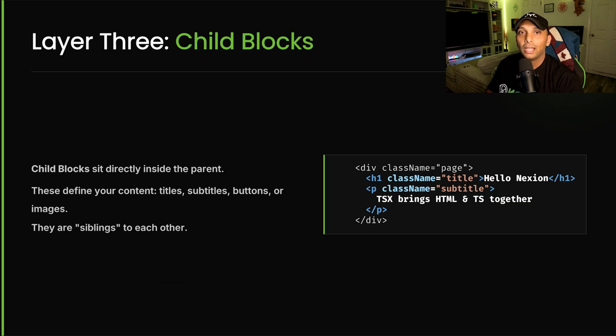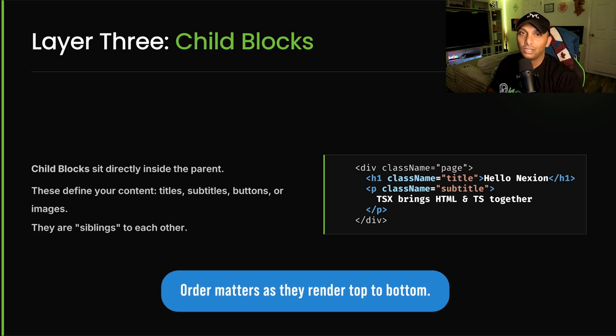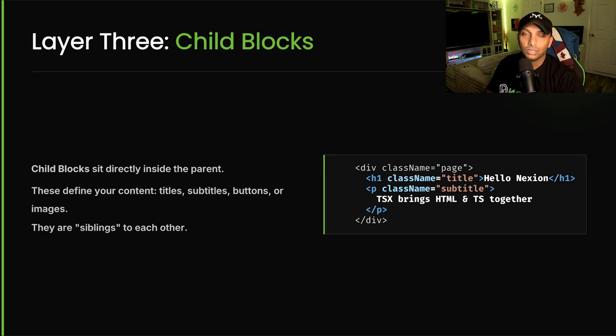But here, as I mentioned in one of my previous videos, we're now bringing in the class name of title, right? That's a class that we brought in from CSS that was called title, that has that bucket of formatting that we put in there. Within that bucket, we're now being called into TypeScript and saying, hey, now I want you to write hello Nexion within this class name.